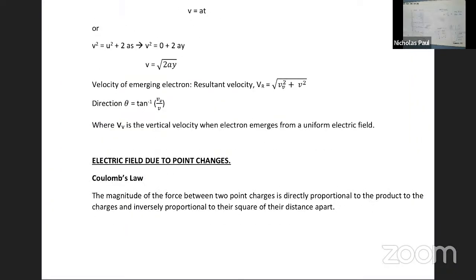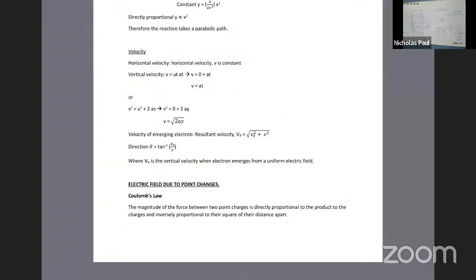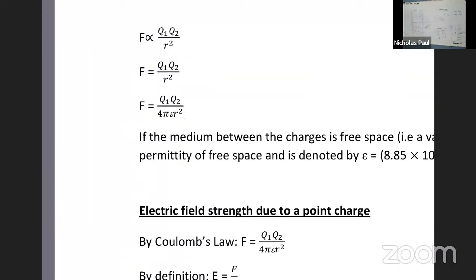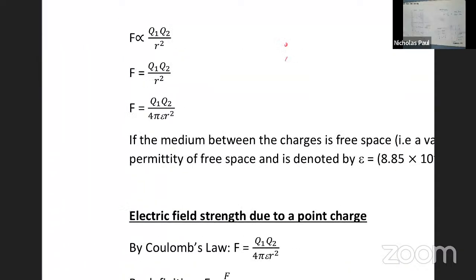Then we spent a lot of time on Coulomb's law. Coulomb's law looked at two charges separated by a distance r, and how you find the magnitude of the force between them.